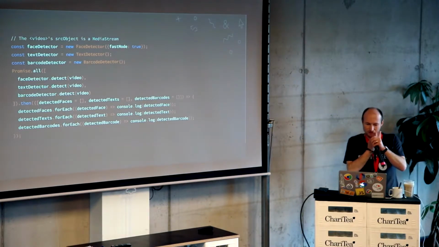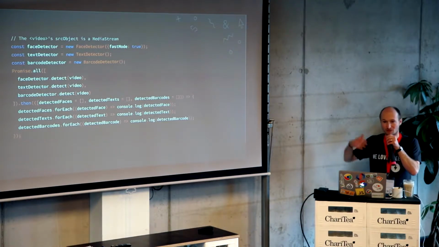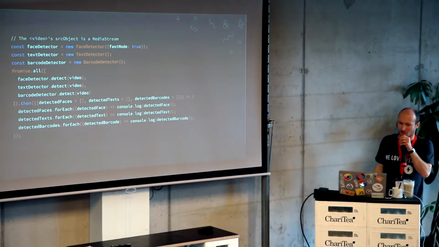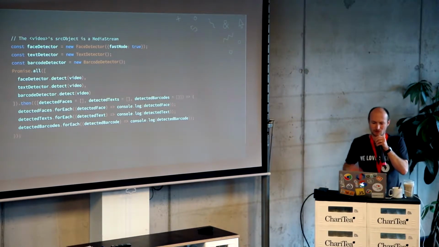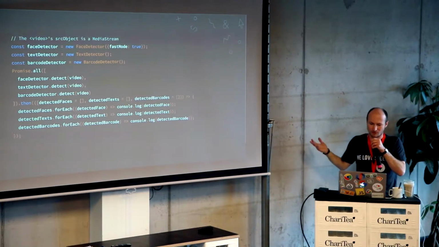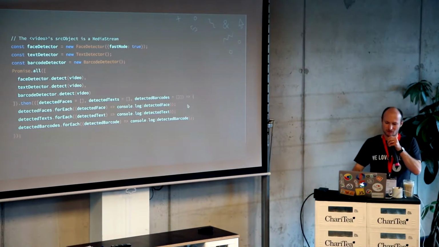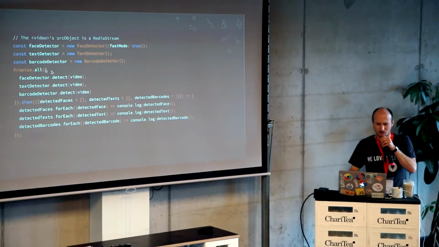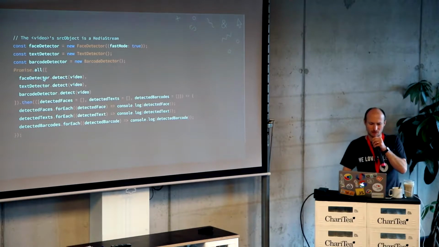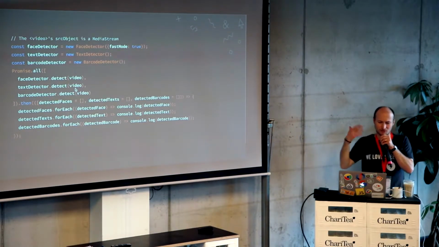So first, how do you do that? You need to initialize the different detectors. So if you need all of them, you obviously initiate all of them. So face detector, text detector, and barcode detector. And you can see here, it's just a simple new, and then whatever detector you want to get. And then you just have a video element, and you iterate over all detectors with this video in reference.